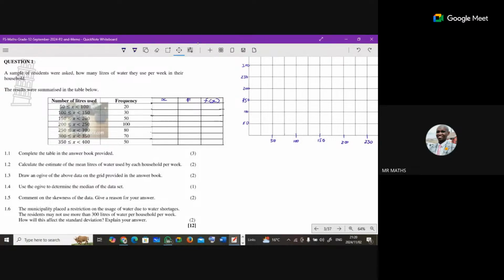So asinayo answer book bandifakelele up. So we are going to use as a space. So answer book kukho isidingo soba ufake this side imele ntoni lo x. Number of liters used.